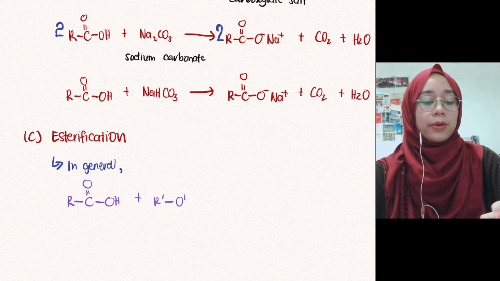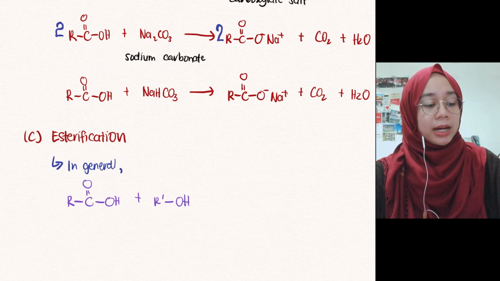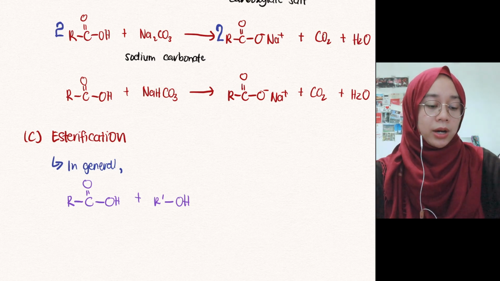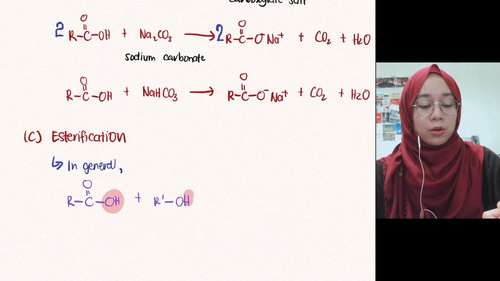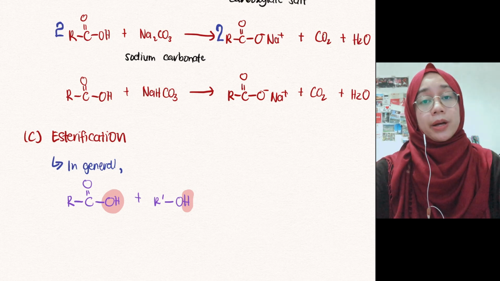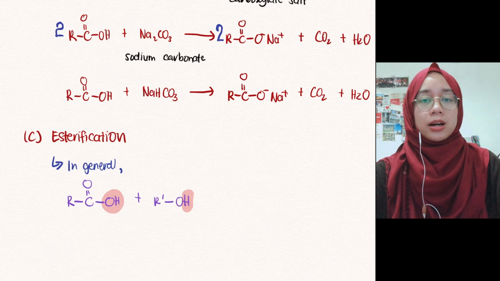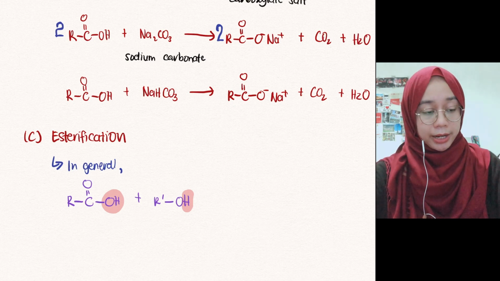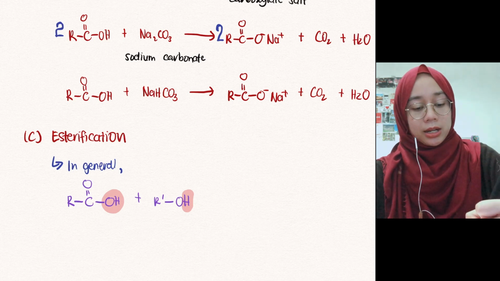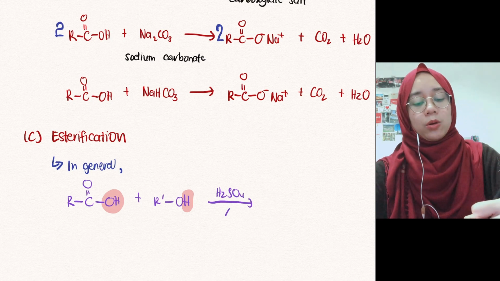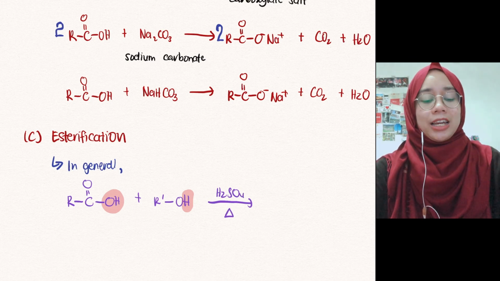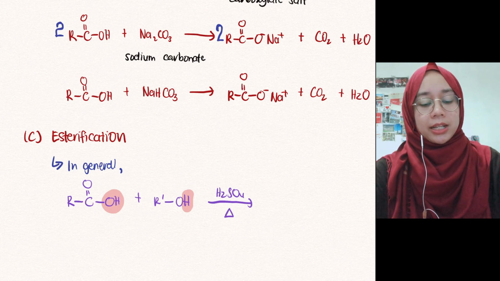Whereby what comes out is, from the carboxylic acid, the OH part, and from the alcohol only the H part, whereby that will produce water. And then it needs an acid catalyst. So acid catalyst means there must be H plus. You can just put H plus, or you can put H2SO4 too. So the H plus comes from H2SO4, and then it also needs heat. So this reaction needs heat, so put heat there.